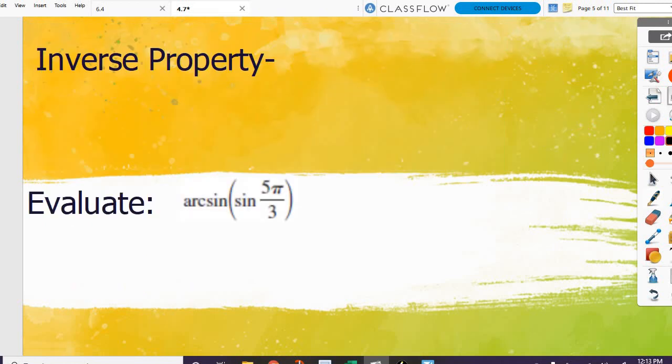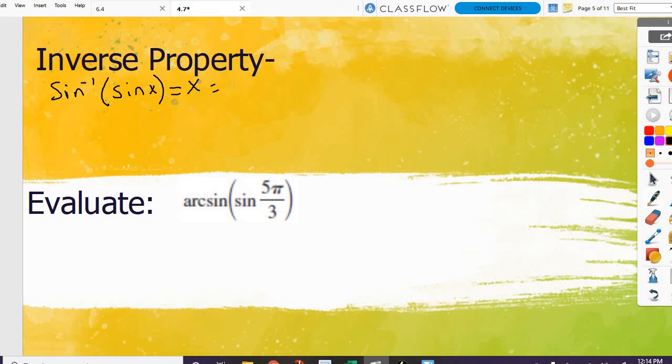So remember, back to when we were talking about inverses, the whole thing that makes an inverse is that they undo each other. So if I take sine inverse of sine of x, they should undo each other, and I just end up with x.